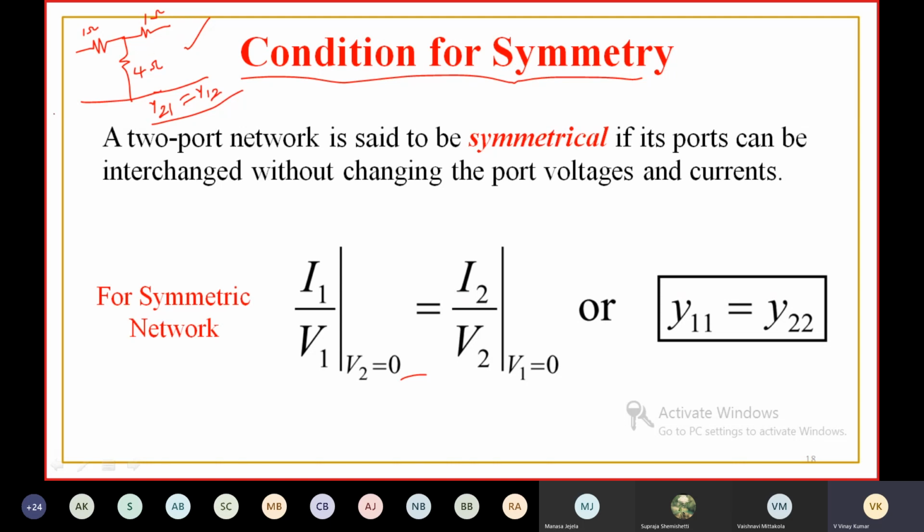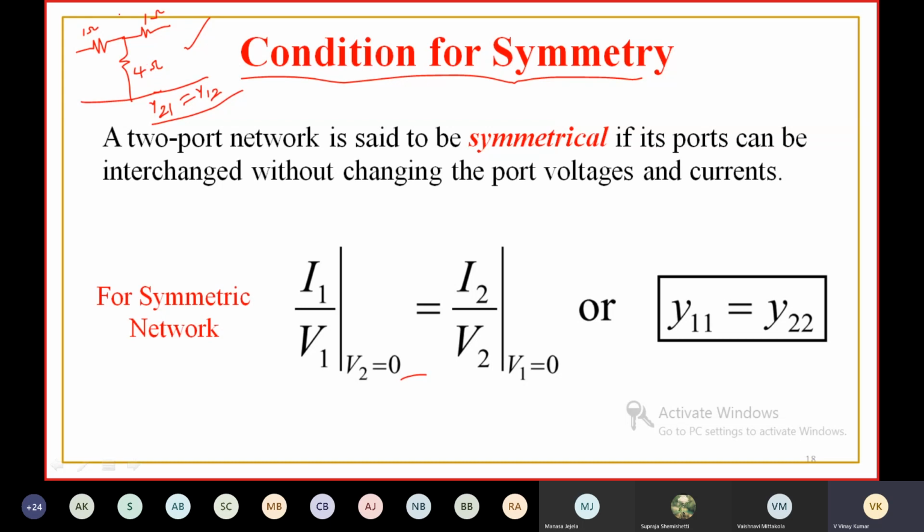Coming to symmetry, the condition for symmetry is that a two-port network is said to be symmetrical if its ports can be interchanged without changing the port voltage and currents. Even though you interchange input and output ports, the network doesn't change.